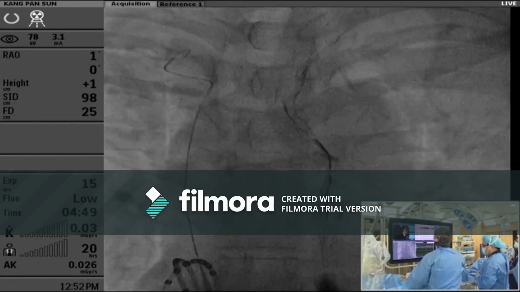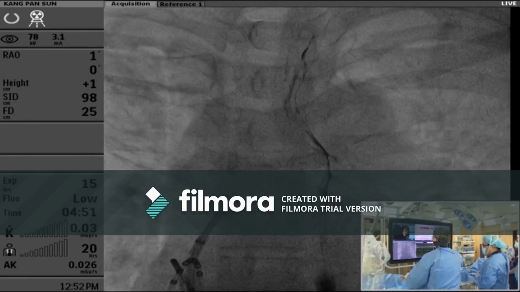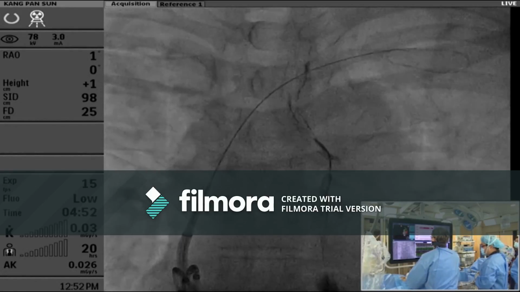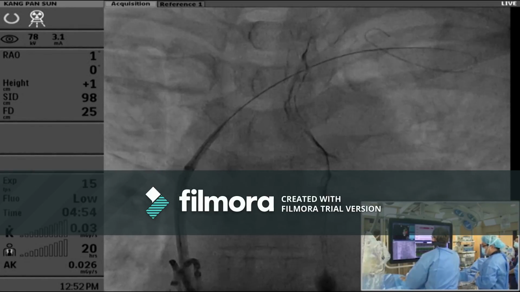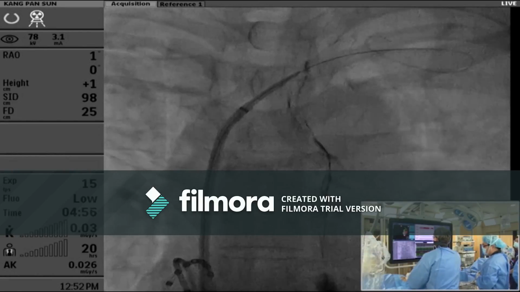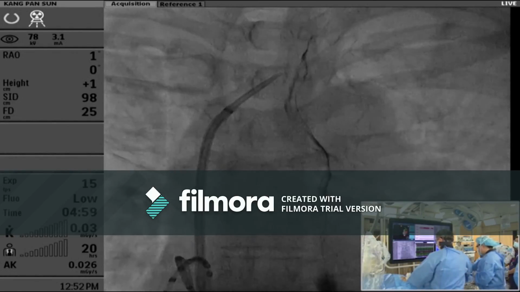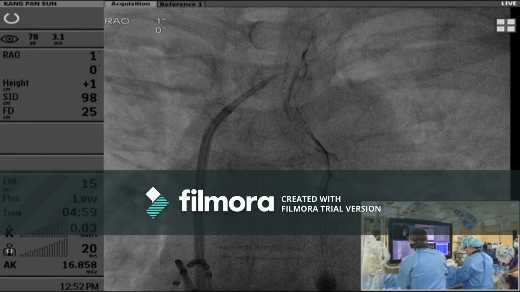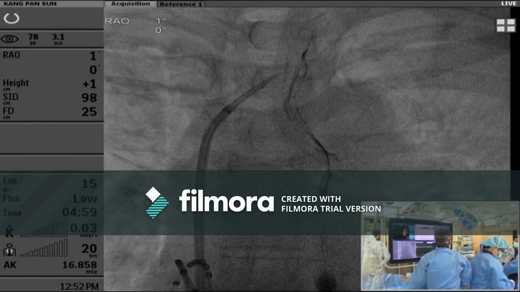Okay, like this. The brachiocephalic vein is like this. And then they follow with the long sheath and the dilator. So this is BRK, the conventional BRK one.